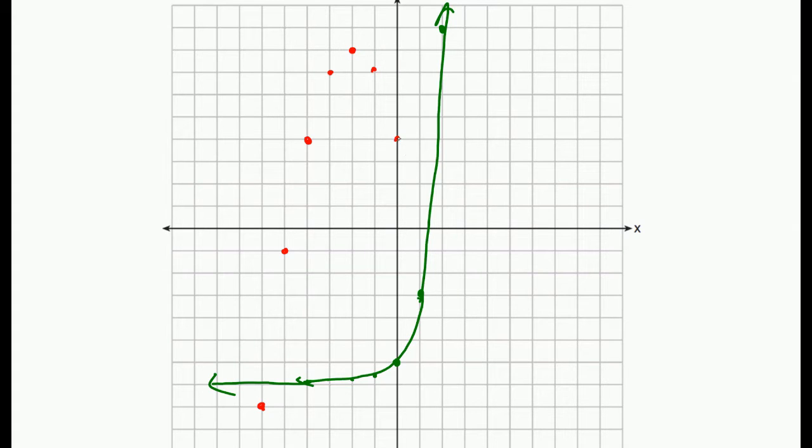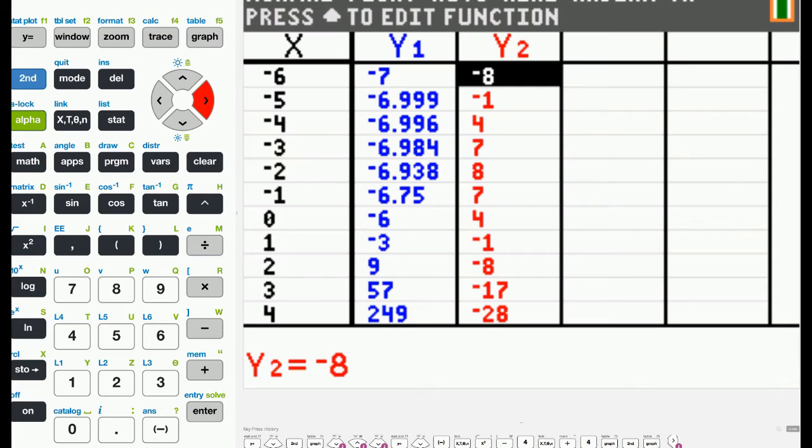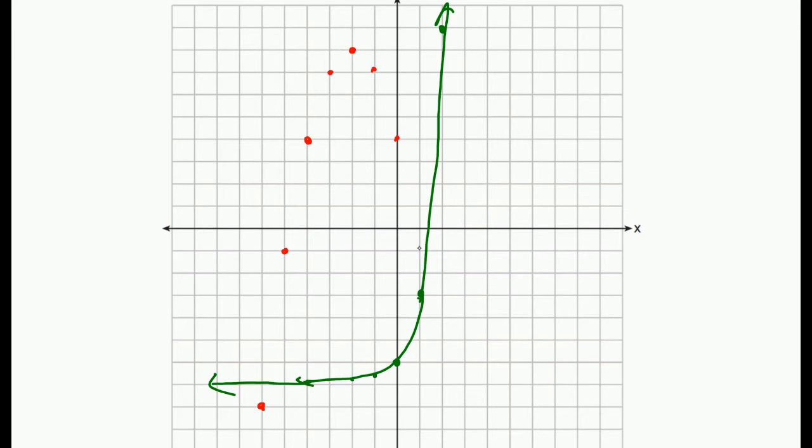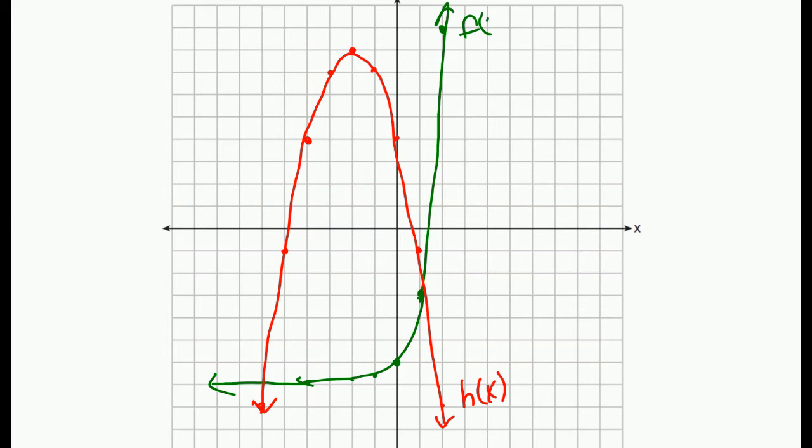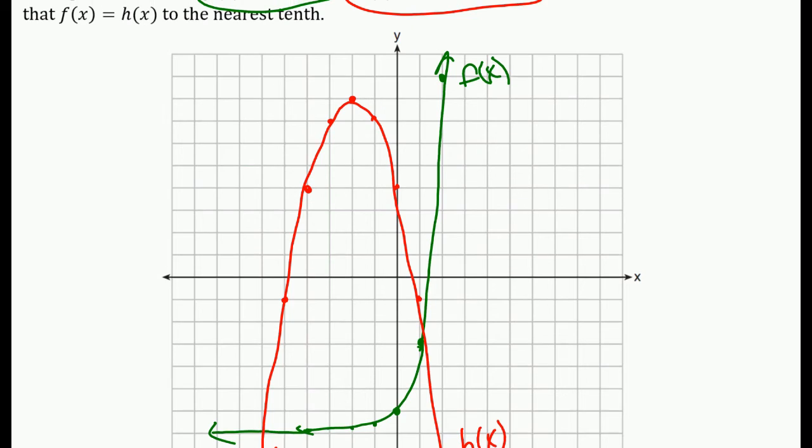And then it's a quadratic, so it has that symmetry everywhere, that I'm just going to copy to get the overall shape of the parabola. So that's my function h of x. I should label them. Green is f of x. Have to label them because I graphed two functions.